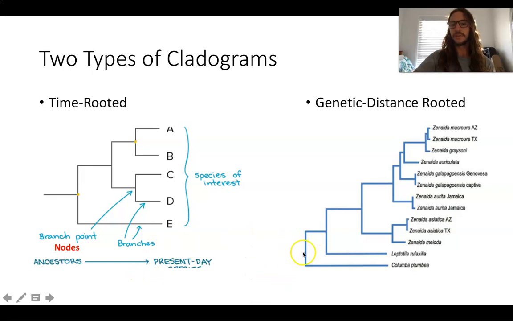So if this was the common ancestor, the closest species to this ancestor would be equally these 2 in length, because we're just looking at a horizontal plane here. If there were a line going here, straight up, a line here, straight up, a line here, these species are furthest away from the common ancestor. So they're most distantly related, but these 2 species are the closest. So they would be said to be the most closely related.